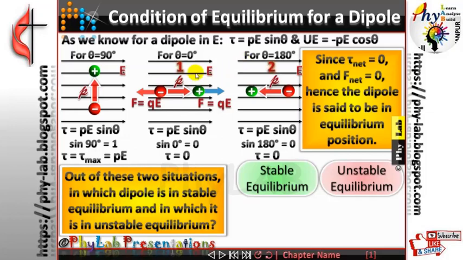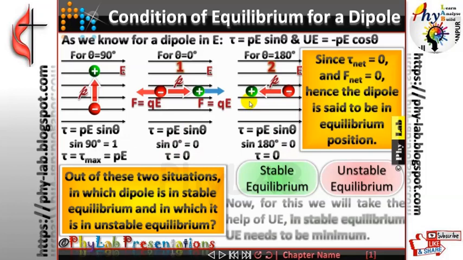Now, out of these two states, which one happens to be the stable equilibrium state and which one happens to be the unstable equilibrium state? In both of these states, the net torque is 0 as well as the net force is also 0.